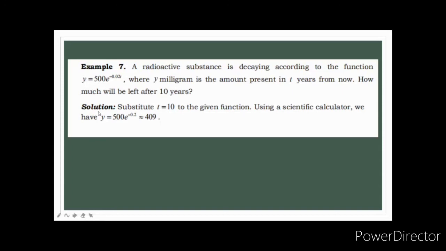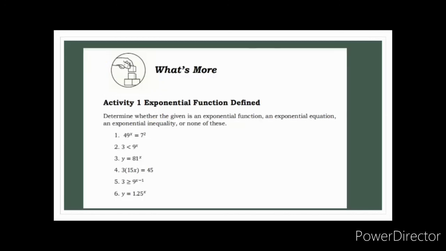Our solution: we are going to substitute t equals 10 into the given function. Using a scientific calculator, y is equivalent to 500 e raised to negative 0.2, which is more or less equal to 409. So that is how we solve for the natural exponential function.